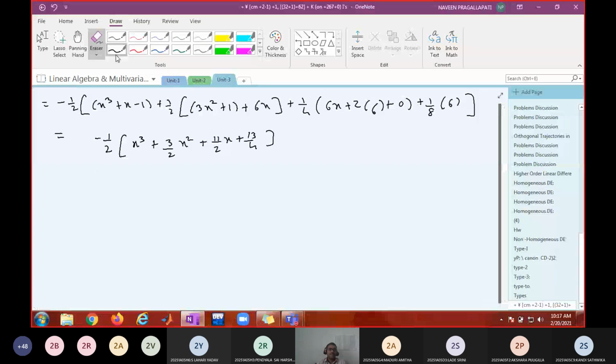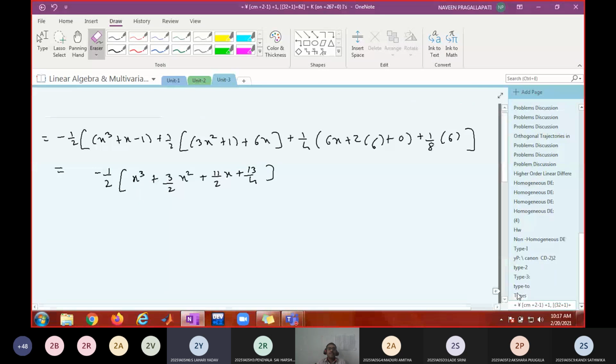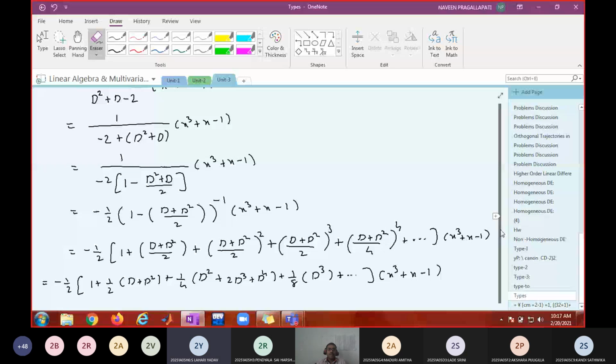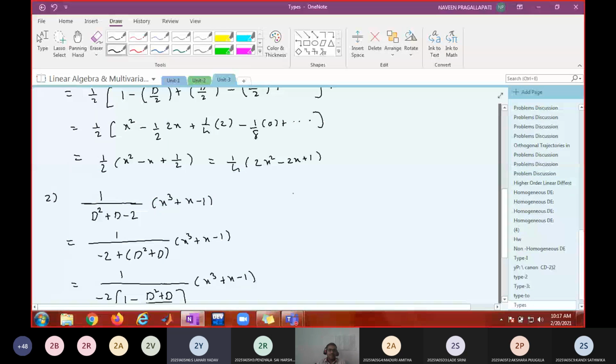Sir, instead of doing it in that way, can't we just factorize and do it, sir? Starting with d square plus d minus 2, it can be written as d plus 2 and d minus 1.